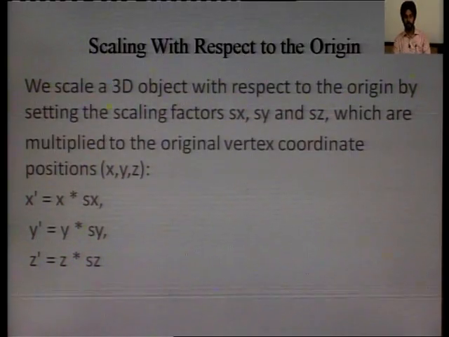So this is the scaling with respect to Sx, Sy, Sz.